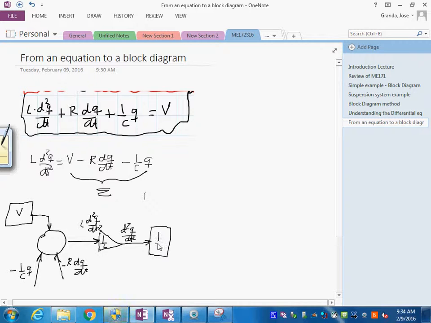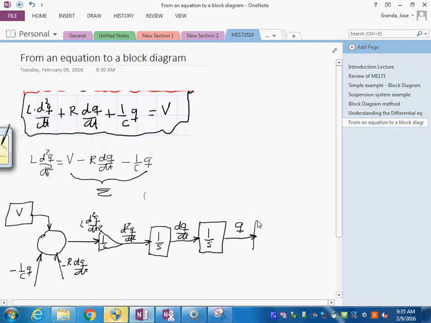There we go. You see, if you have the dq dt and you see this R in here, it's basically an invitation for you to say, look, all that is happening here on this block diagram is that when you multiply this signal by R, it actually gets completed here.